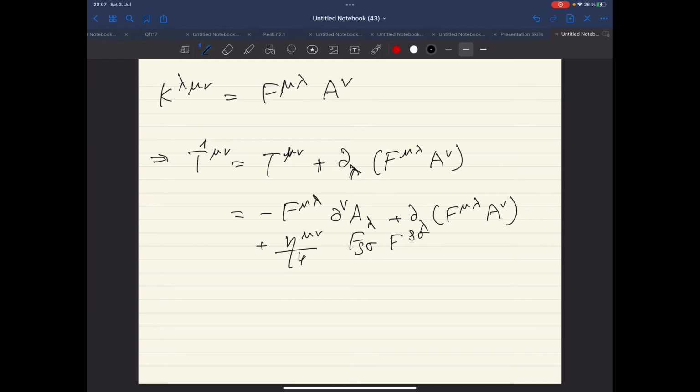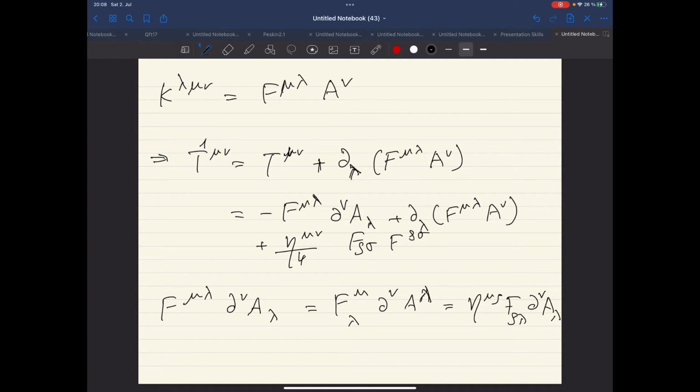Let's differentiate now the term. So first, notice that F mu lambda times d nu A lambda can be written as F mu lambda d nu A lambda, which is equal to eta mu rho F rho lambda d nu A lambda.